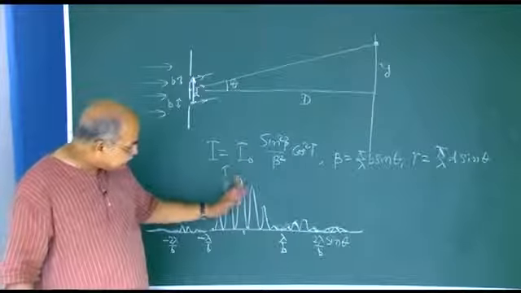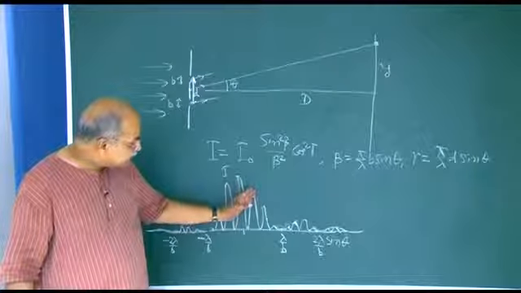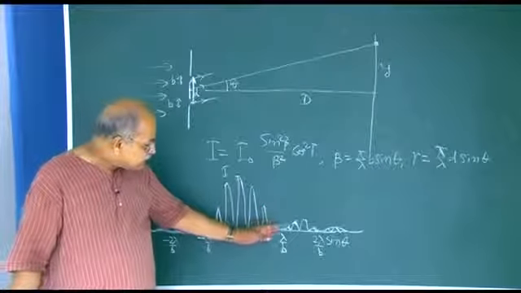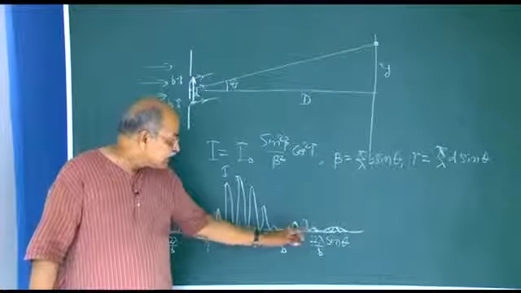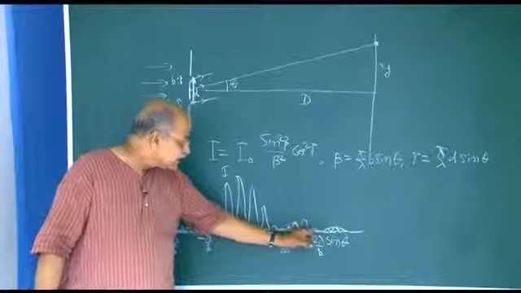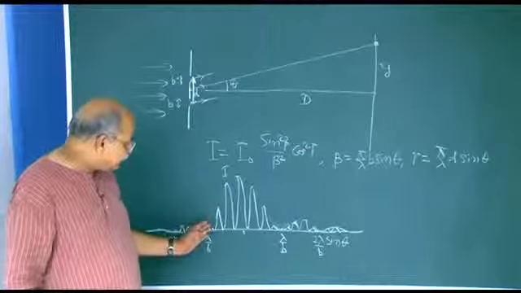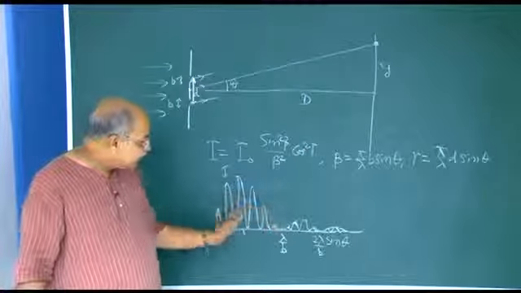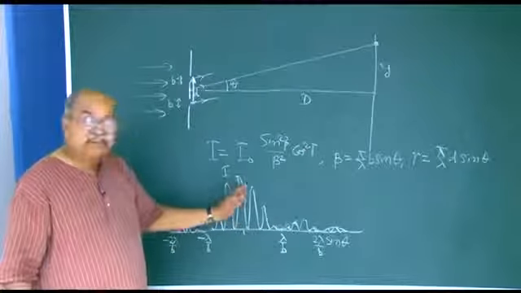But the intensity goes down, down, down, governed by the diffraction envelope, and then once again the intensity increases here, but you have several maxima inside. So within that diffraction envelope you have this interference pattern.